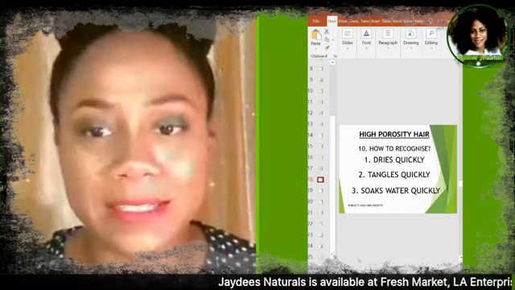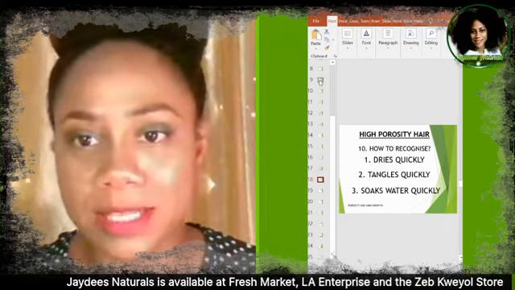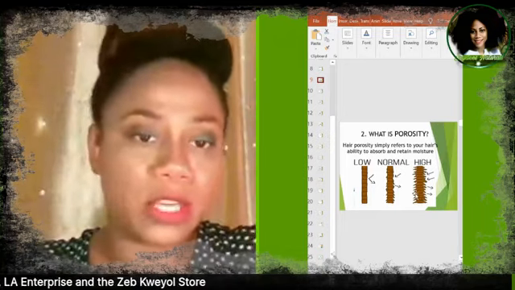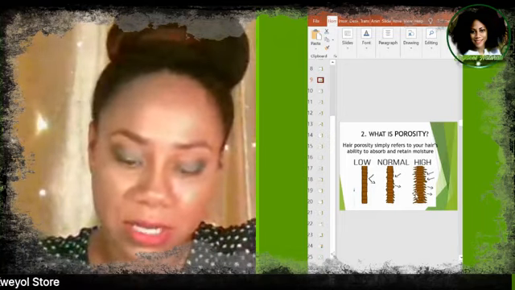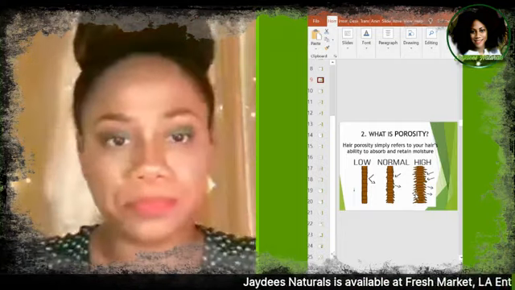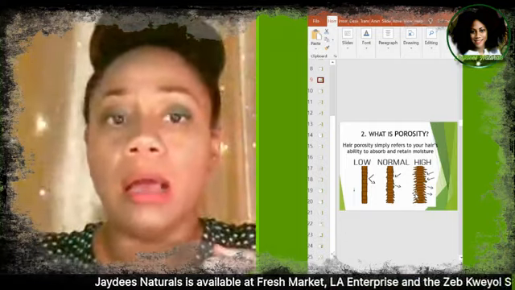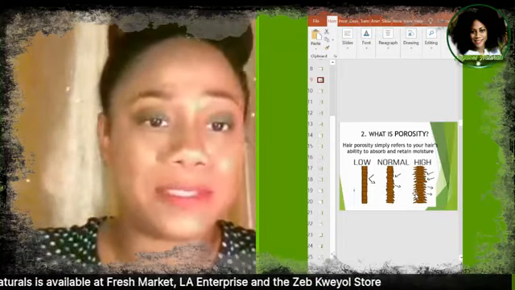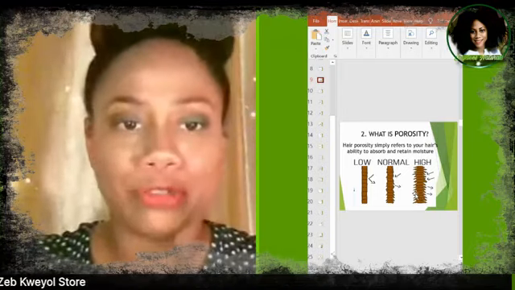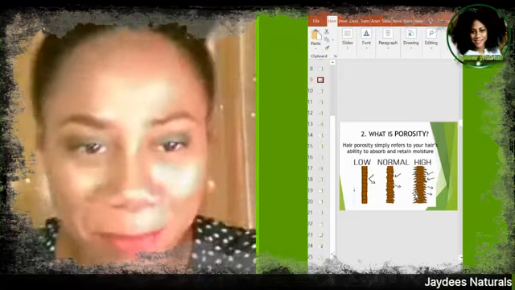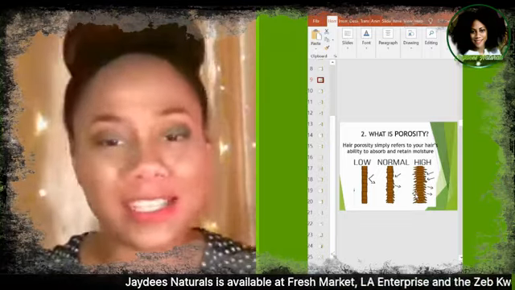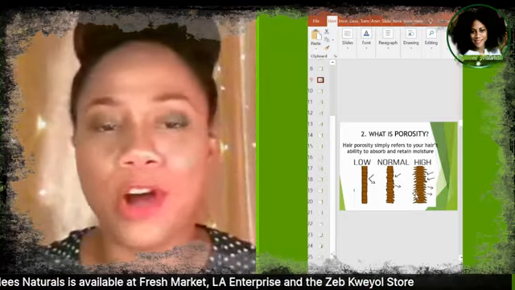Because what happens, like I said, with the cuticles, let's go back to the picture with the cuticles. With high porosity hair, the cuticles are not really laying down flat. They're easily pliable. And so it's very easy to moisturize. Your hair will just suck up all the moisture and the good stuff.